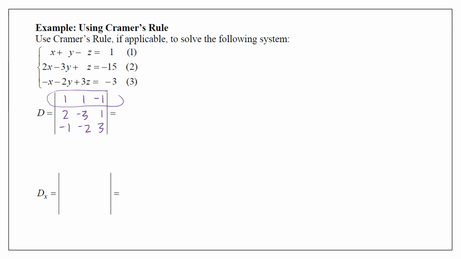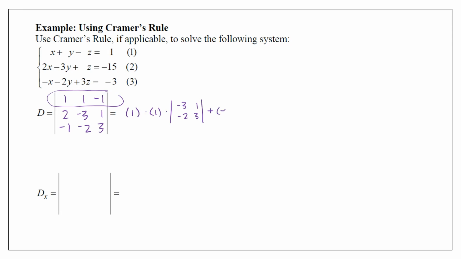Okay, so let's expand. So I'm going to first take my entry 1. That's in row 1, column 1. So 1 plus 1 is 2, so that's even. So I'm going to be multiplying by 1. Then I'm going to take my entry, which is 1, times my minor, which will be negative 3, 1, negative 2, and 3.